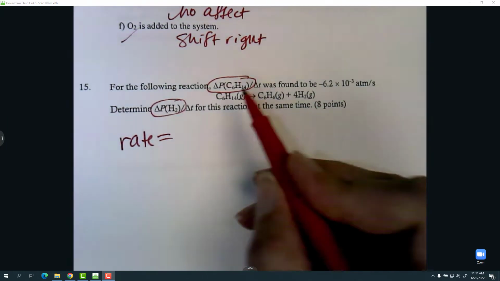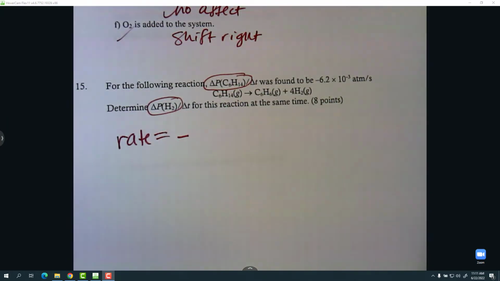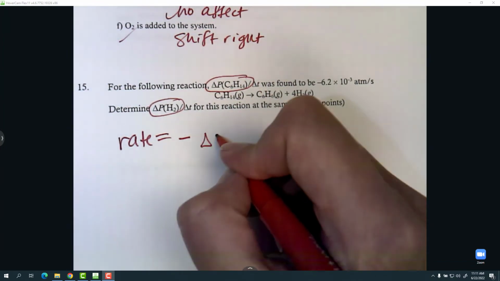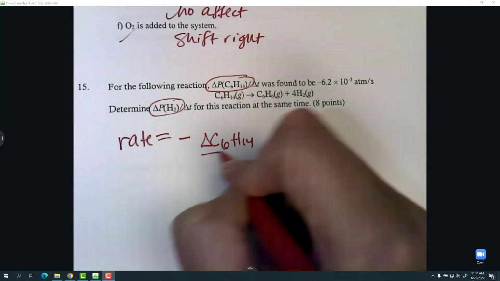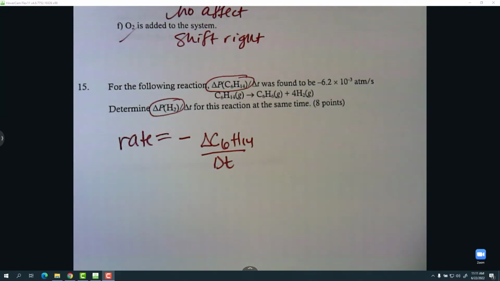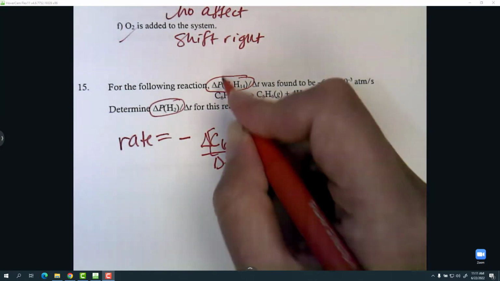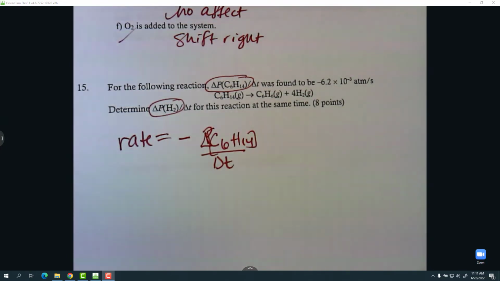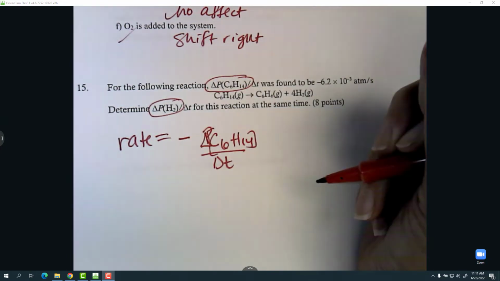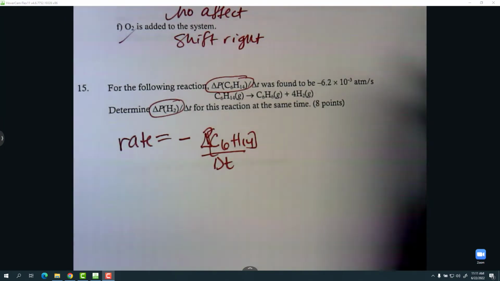So remember, if it's getting used up, it's a negative. 1 over the stoichiometric coefficient, which is just a 1 here, times the, usually it's the concentration here, it's the P, the partial pressure, but that's fine. Partial pressure of the H14, it's this whole thing.